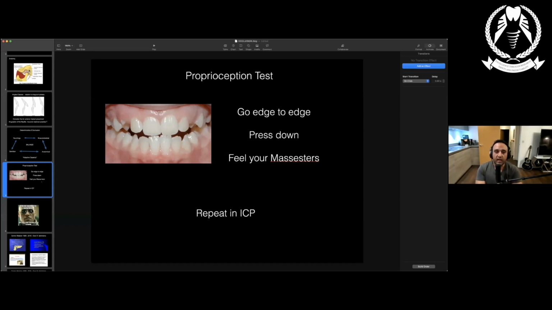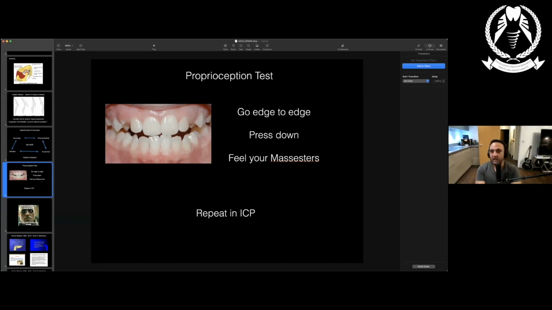So they don't have that proprioception, that protection built in. And that's especially important with implants, because guess what? There's no PDL. There's nothing to give them that feedback, that proprioception, to not put excessive forces through it. So one of the major things we need to look at when assessing our patients is, where is our restoration? Can they fire up their masseters?